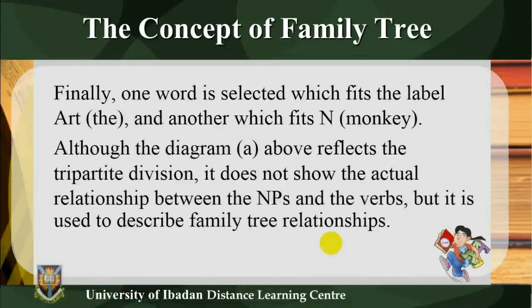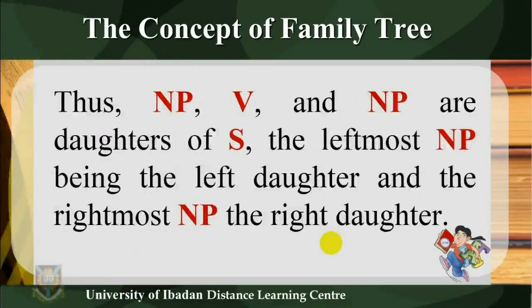Although diagram A above reflects the tripartite division, it does not show the actual relationship between the NPs and the verb, but it is used to describe family tree relationships. Thus, NP, V, and NP are daughters of S, the leftmost NP being the left daughter and the rightmost NP the right daughter.